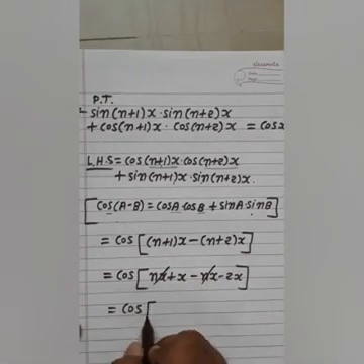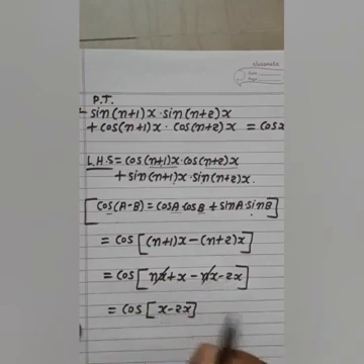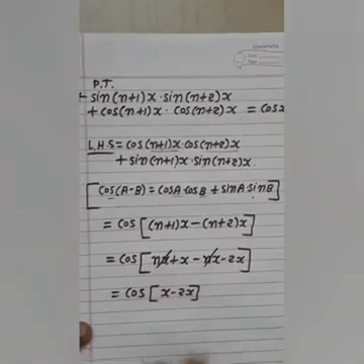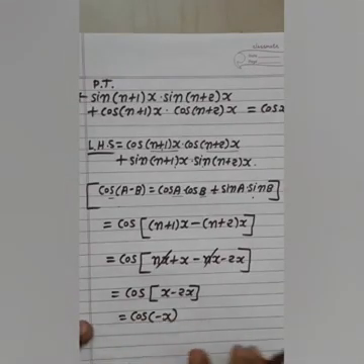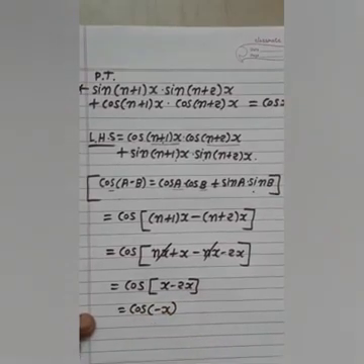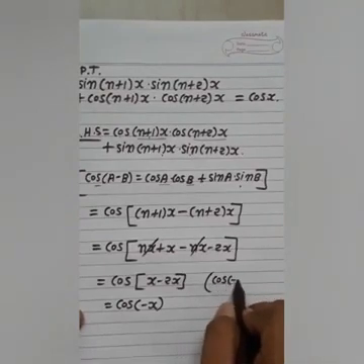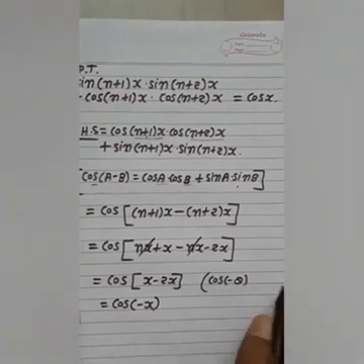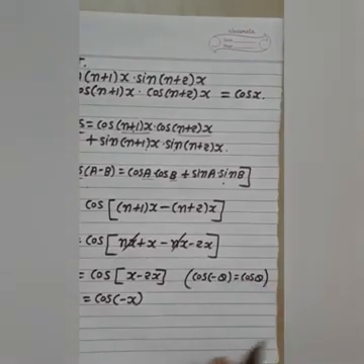So the remaining term is cos of (x minus 2x), which is equal to cos of (minus x). But one result is given: cos of (minus theta) is equal to cos theta.